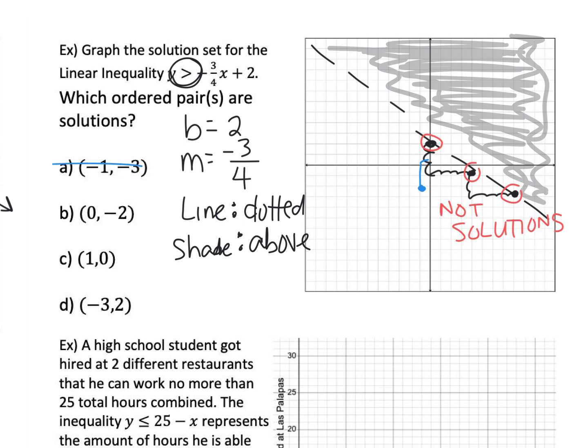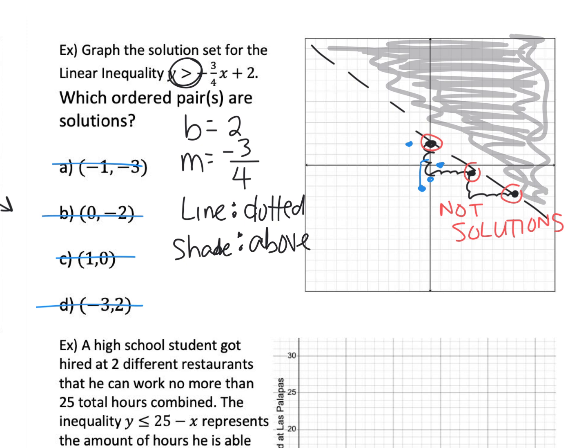It is not in the shaded area. 0, -2, no. 1, 0. That's going to be over to the right a little bit. Yes or no? No. -3, +2. No, none of these are solutions. Okay? None of them fall in the shaded region.